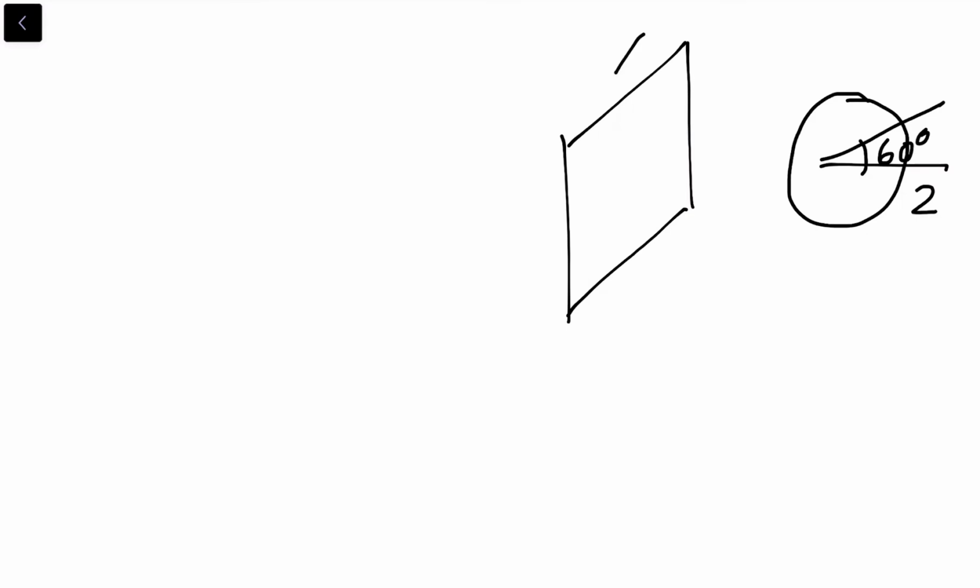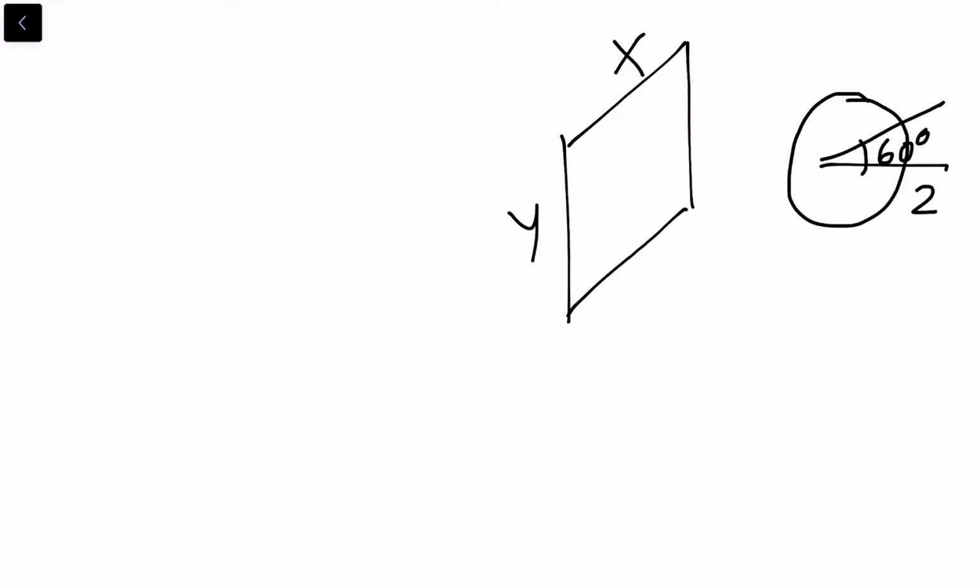So that means the circular sheet is making an angle 60 degrees with respect to the direction of the electric field. The circular area is making an angle 60 degrees with respect to the electric field.